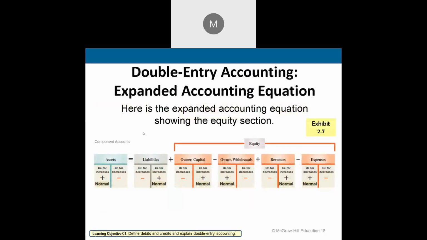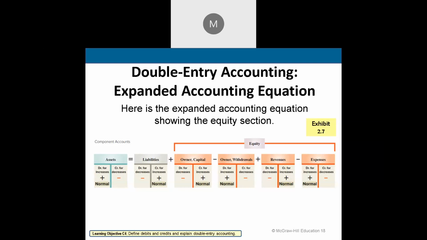We can expand it further. So we know equity sometimes gets a little confusing because there's a lot of moving parts. You got owner's contributions minus owner's withdrawals plus revenue minus expenses. But you can see, along with the change in sign, debits and credits for each component in equity.